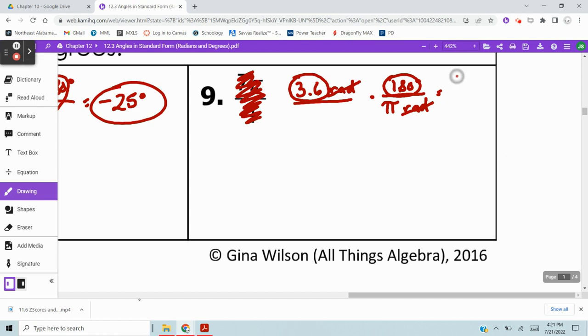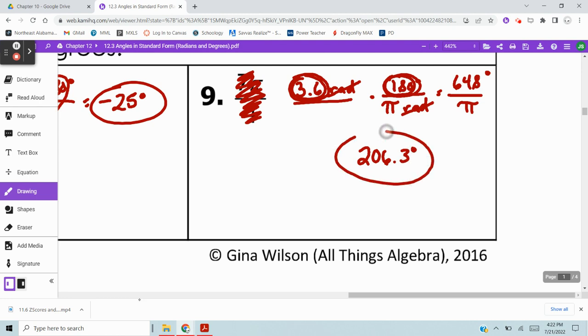And that's somewhere around 648. You actually don't have to show this step, but I'm just showing you what I'm doing. 3.6 times 180, the degree symbol still there. On bottom, you have a pi. So what I'm going to do is actually divide, and I'm going to use the pi button, and I get about 206.3 degrees, which is about where we said it was going to be.